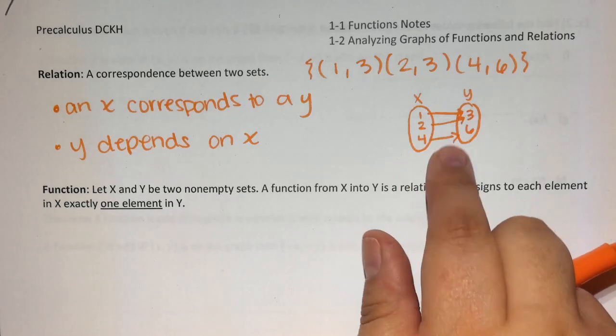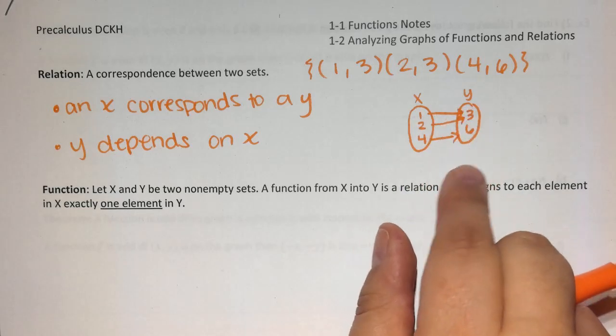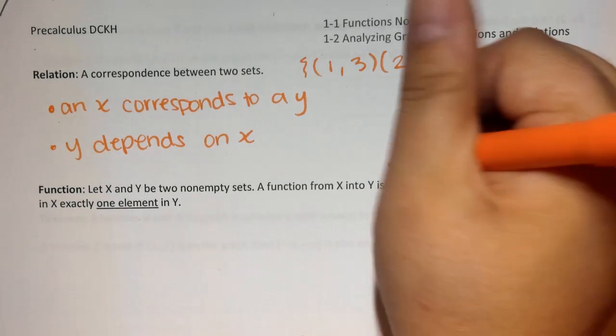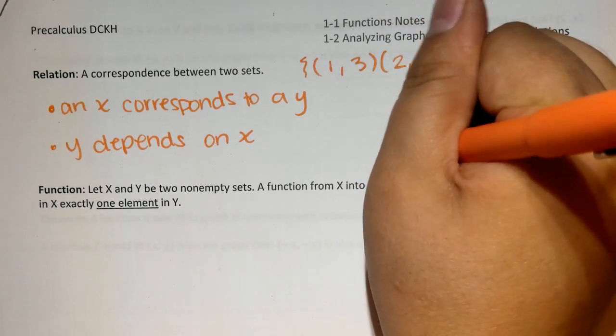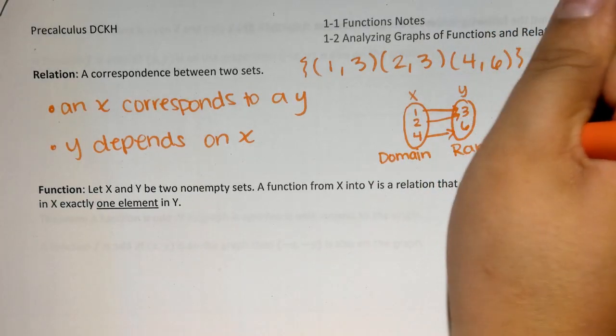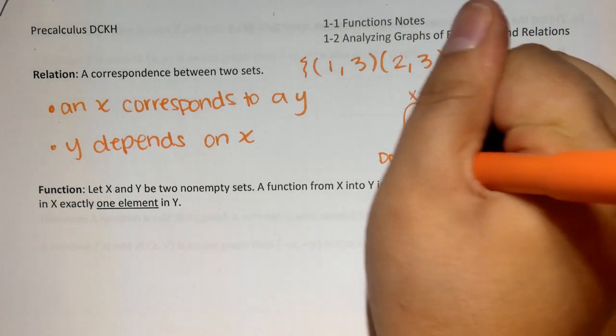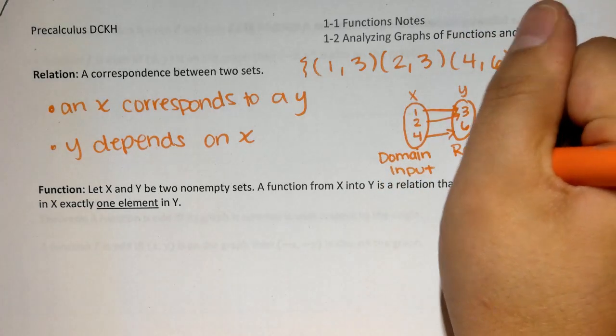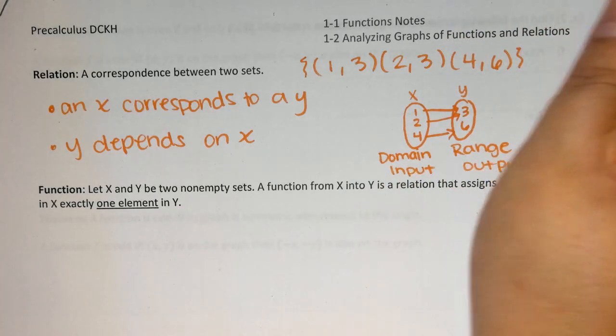What is the set of all your x values called? Domain. And the set of all y's is your range. Your domain is your input, and your range is your output.